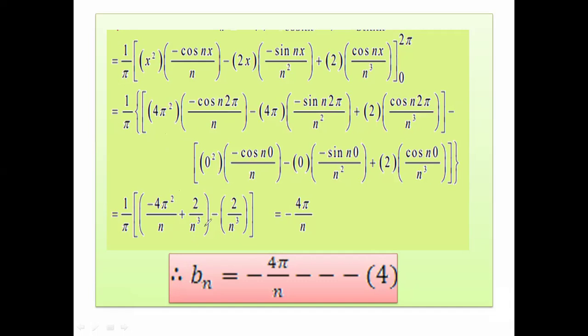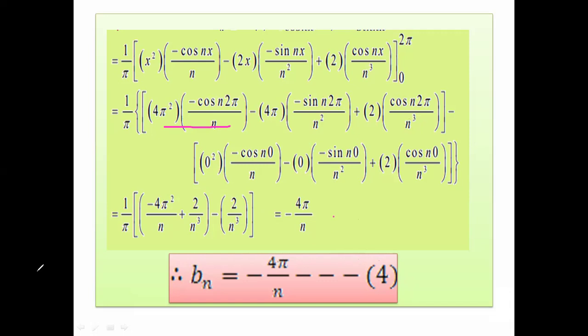Wherever 2 by n cube occurs, in the upper limit and the lower limit, the first one you get is minus 4 pi square by n, and this one is 2 by n cube minus 2 by n cube, which is equal to minus 4 pi by n. So the bn answer will be minus 4 pi by n.